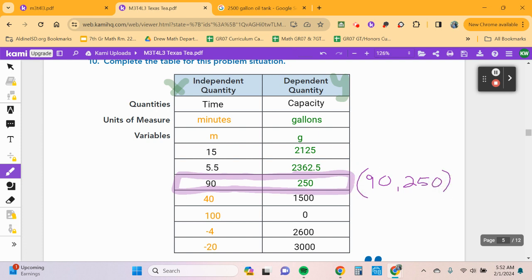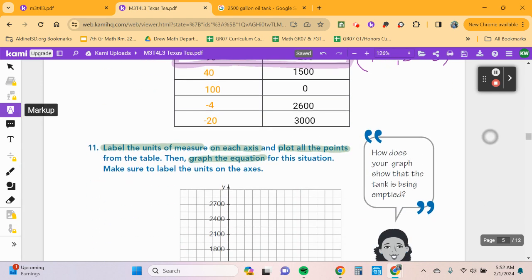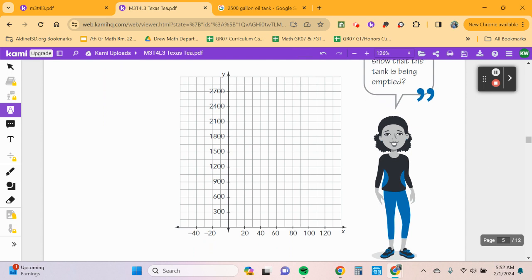That is the point that we're looking for. I haven't labeled the graph yet because I want you to label it on your own, but I know 90 is going to be on my x-axis because that's my time. Each interval represents 10, so 10, 20, 30, 40. 90 would be somewhere between 80 and 100 on this line.